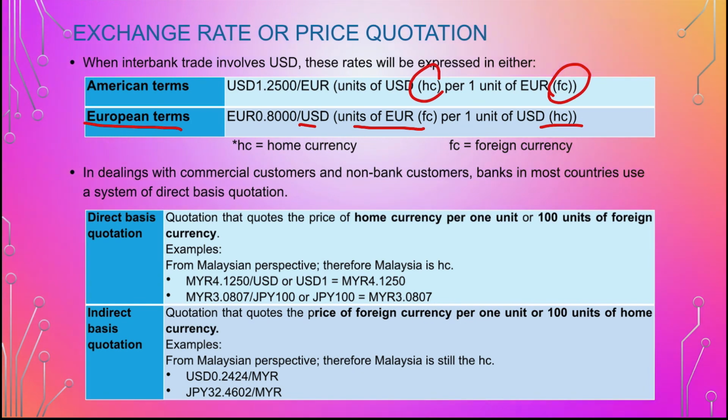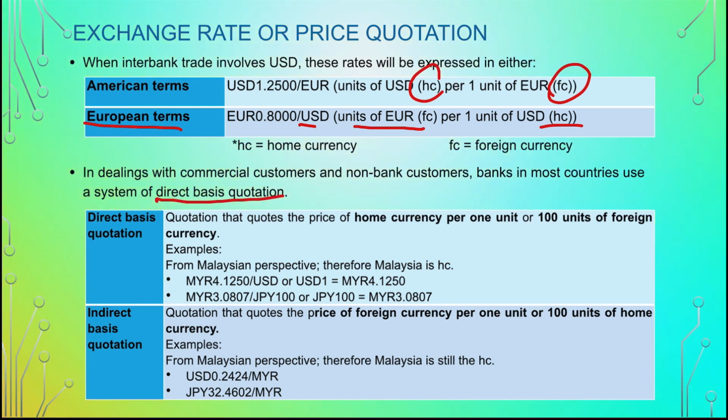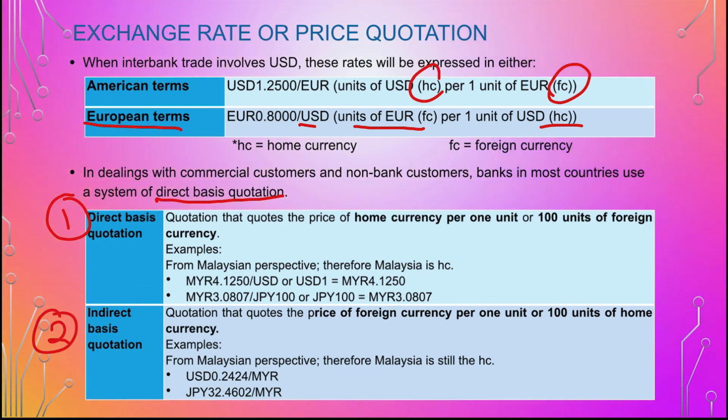In dealings with commercial customers and non-bank customers, banks in most countries use a system of direct basis quotation. Okay, let's look at here. There are two types of quotation, direct basis and indirect basis.